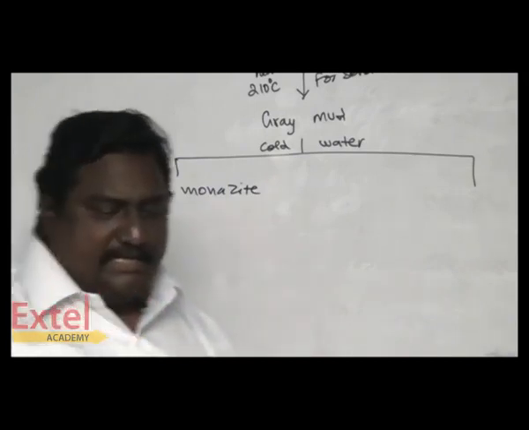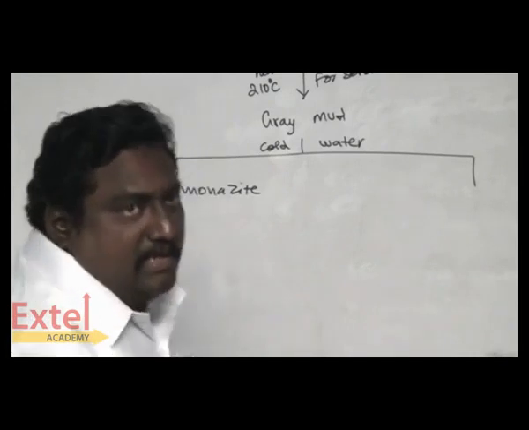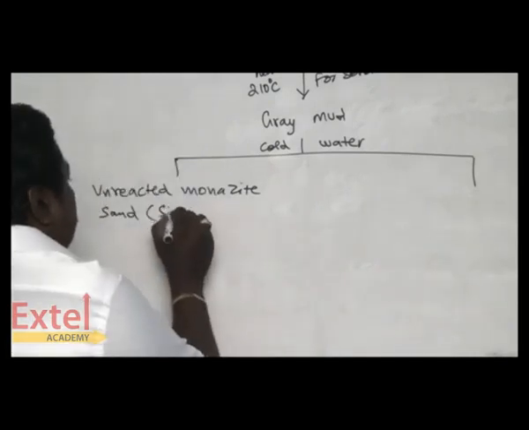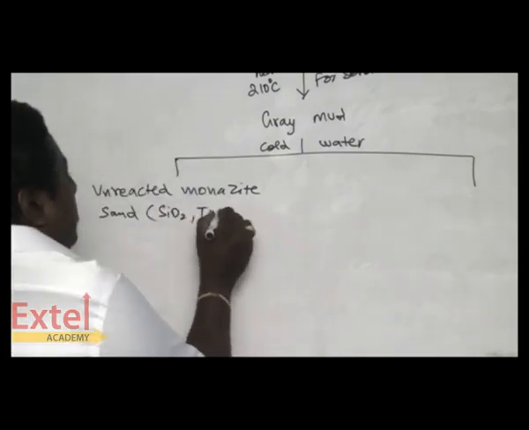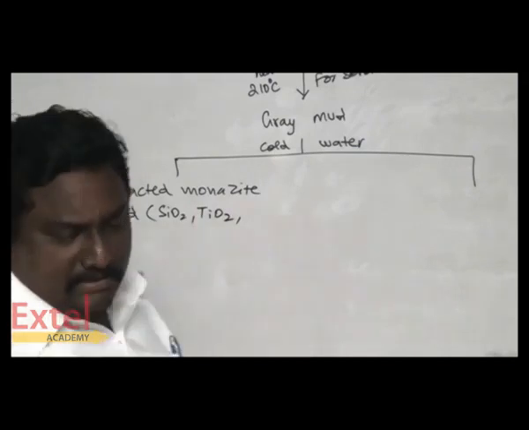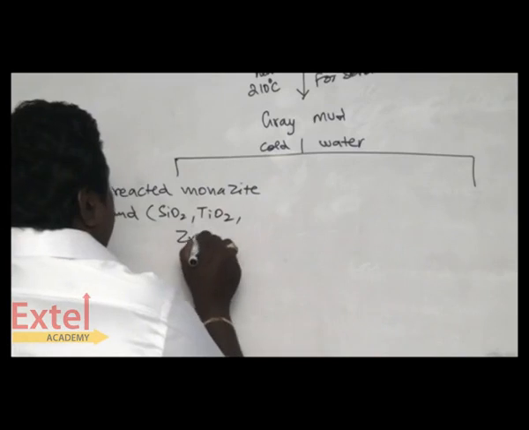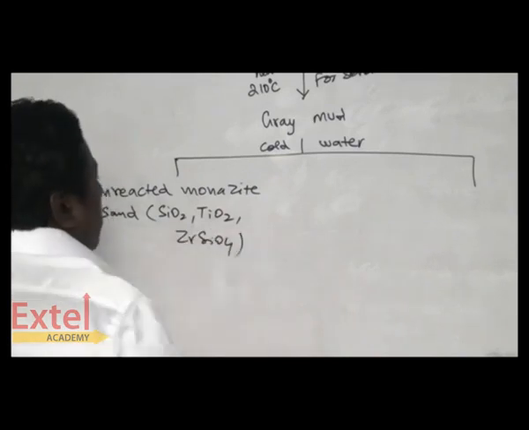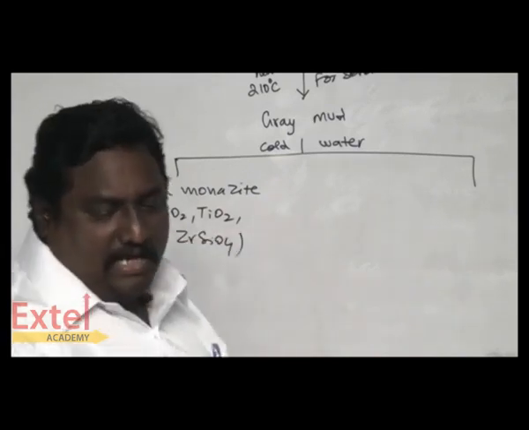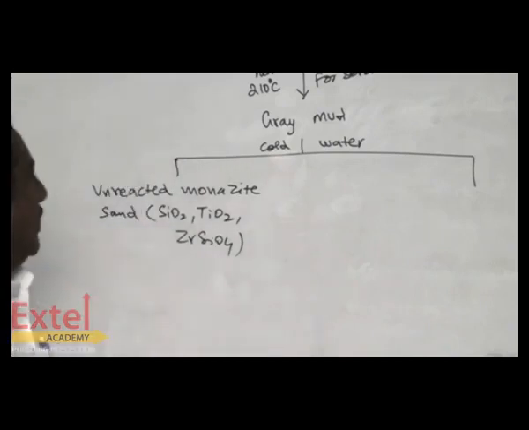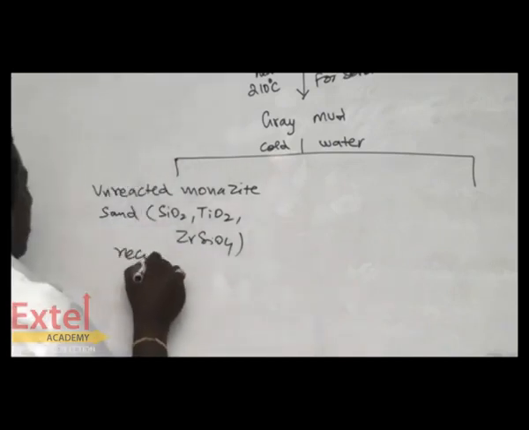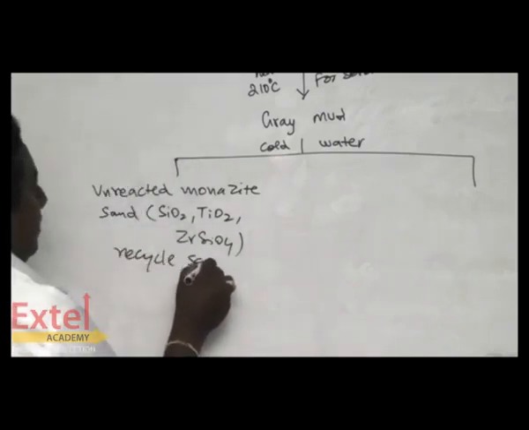In addition to the unreacted monazite sand, you have SiO2, TiO2 and zirconium silicate. Likewise, all have been obtained. It is called recycled sand.